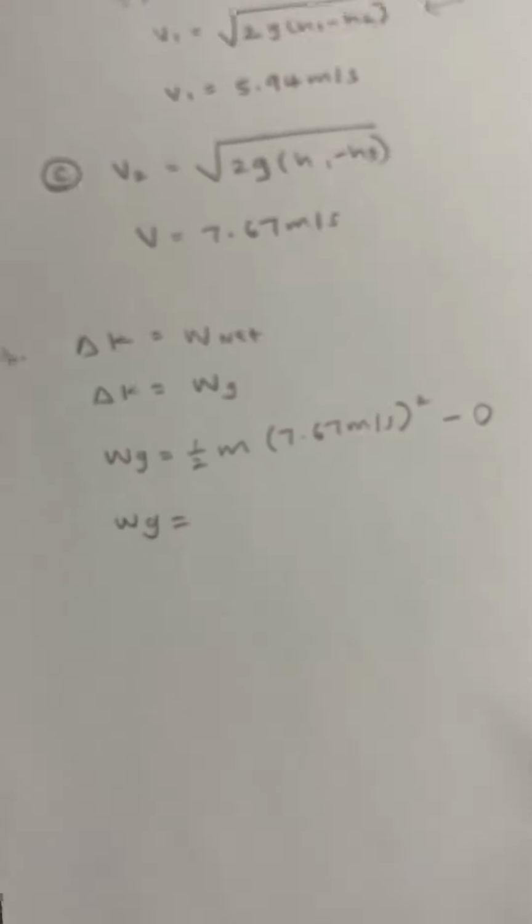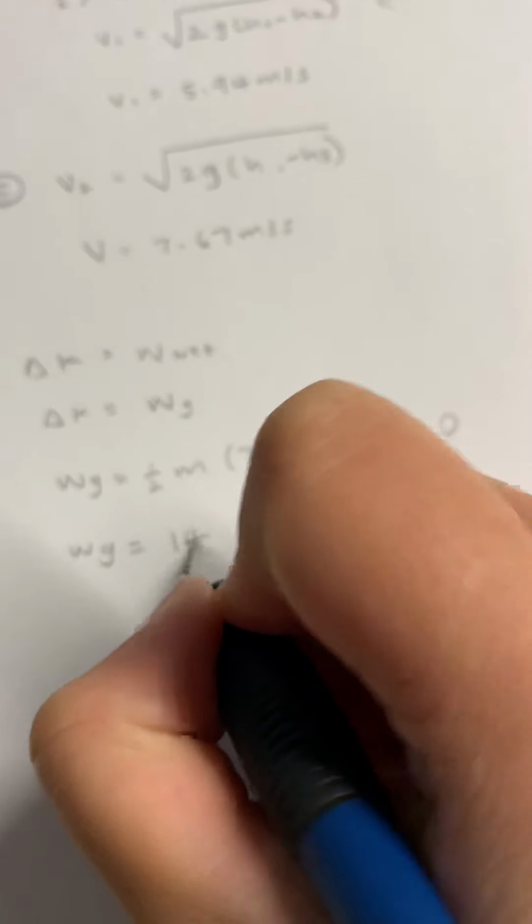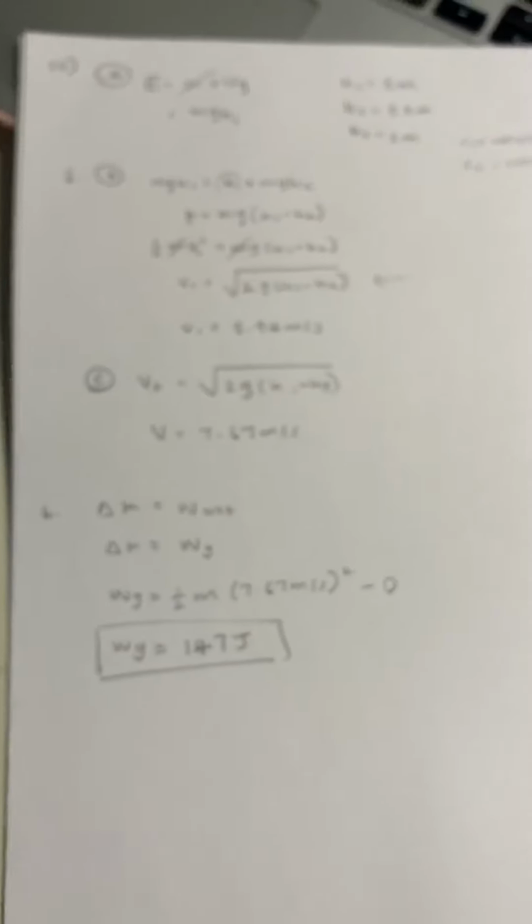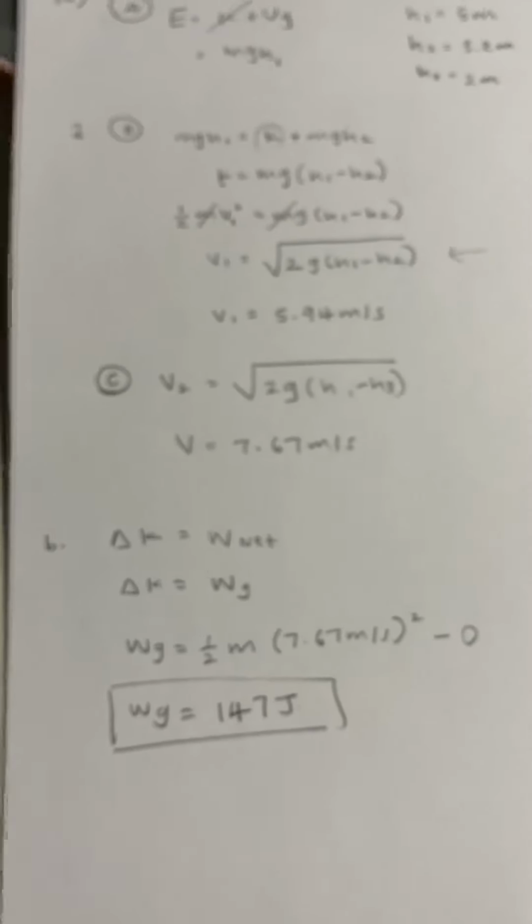When I put that into the calculator, I got about 147 joules. So that's how you solve number 30.